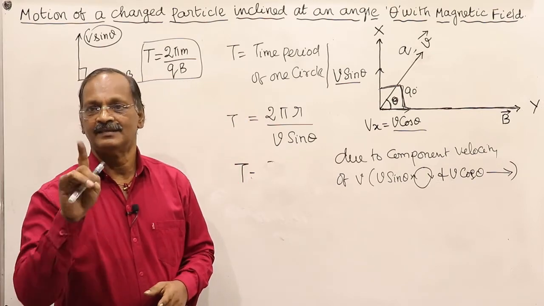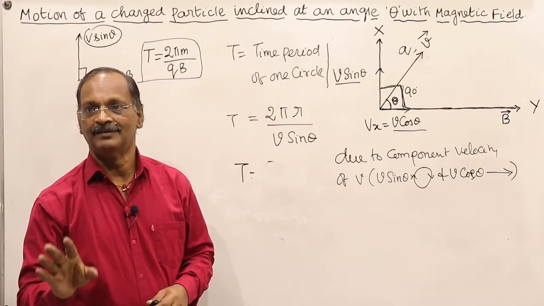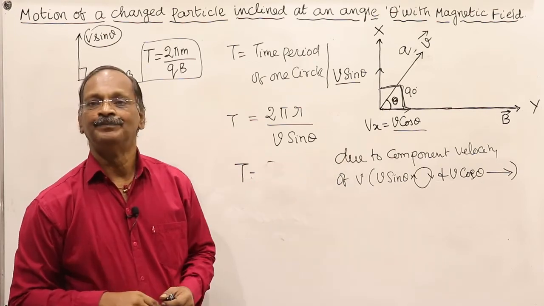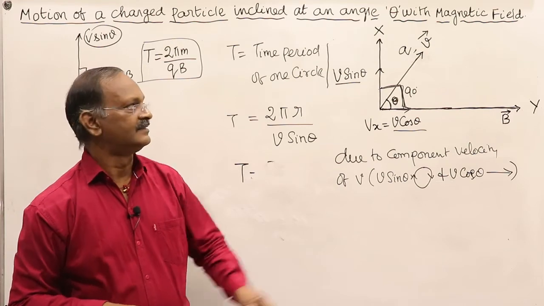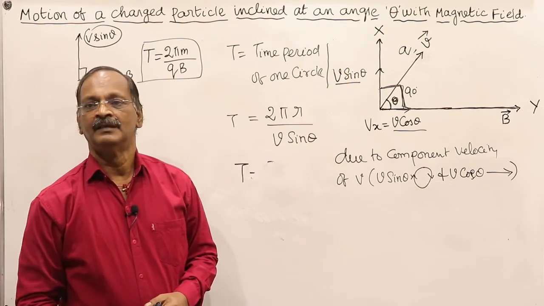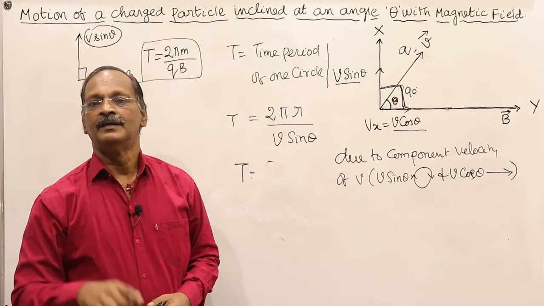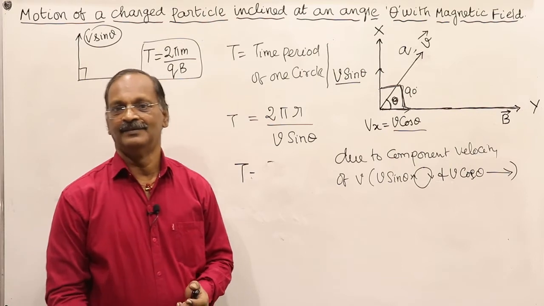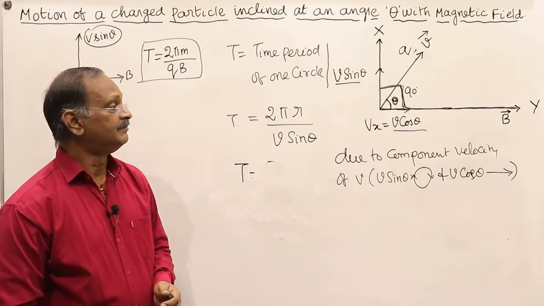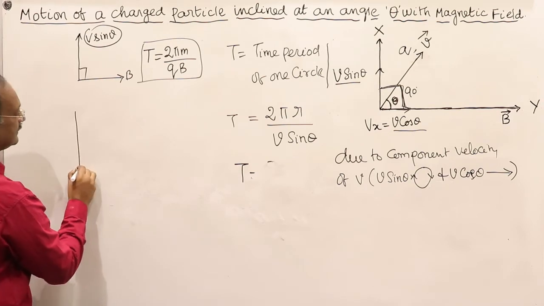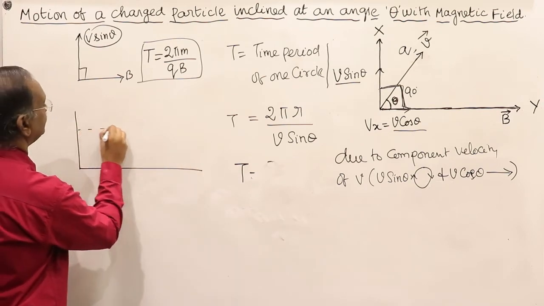Hence it moves along the direction of the magnetic field due to the horizontal component v cos theta, and at the same time it moves in a circular path due to the perpendicular component v sin theta of the velocity. So how will the resultant path be? Now we can keep it like this.